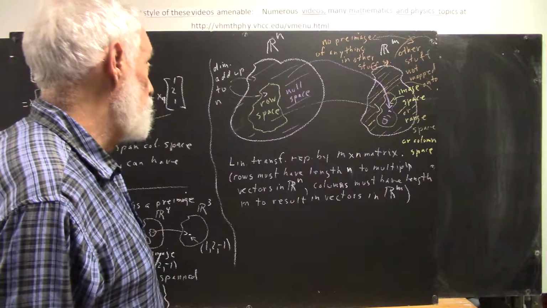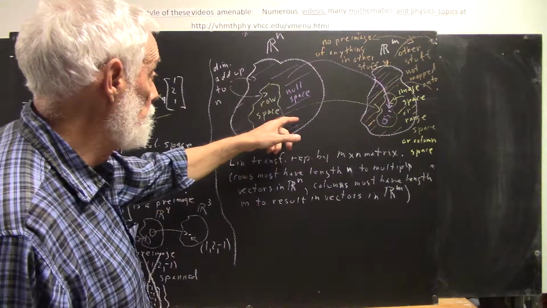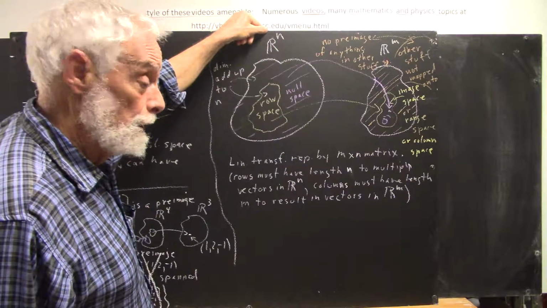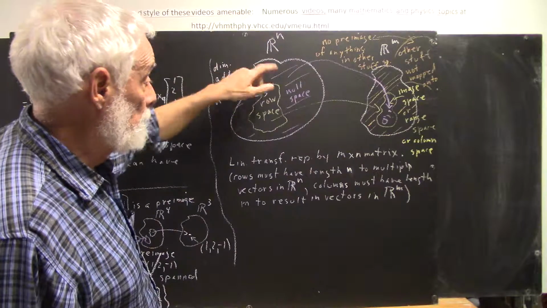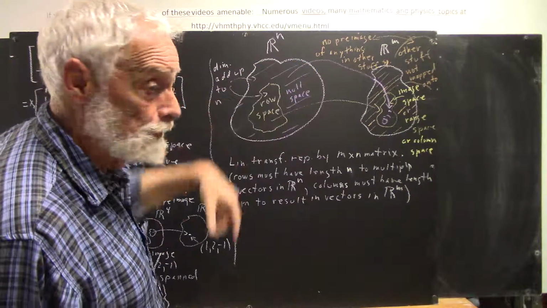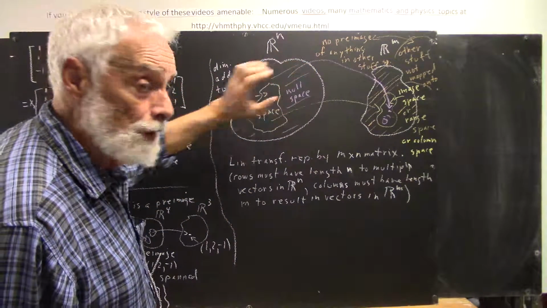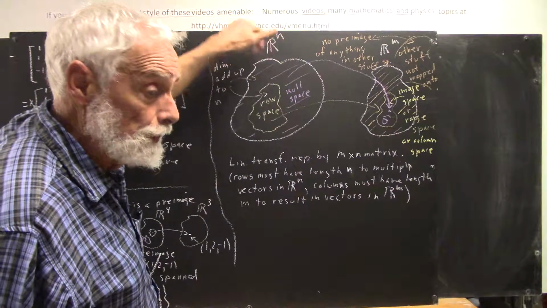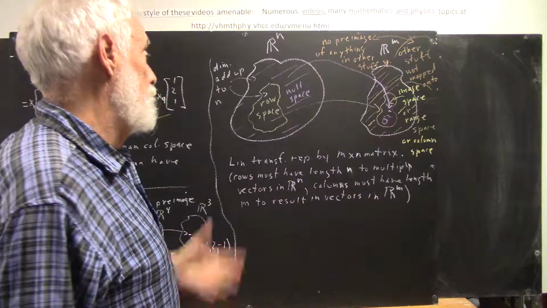The dimensions are, as we said, the dimensions of the row space and null space have to add up to the dimension of Rn. Okay, the row space has some dimension, the null space is a space, and these two spaces include all of Rn, so their dimensions add up to the dimension of Rn. Now, that's not really a proof.